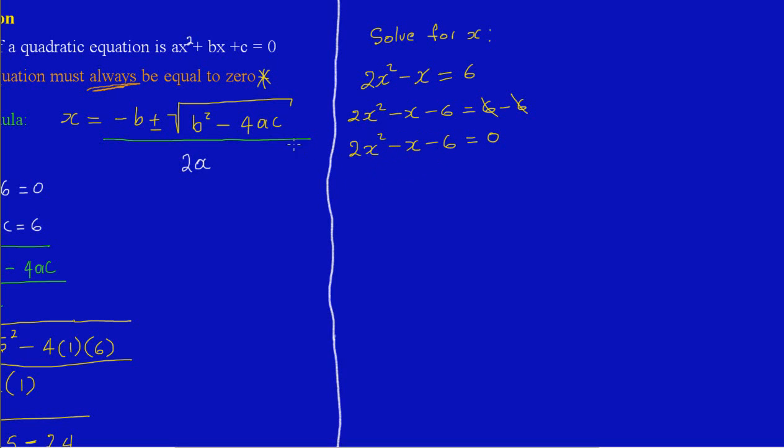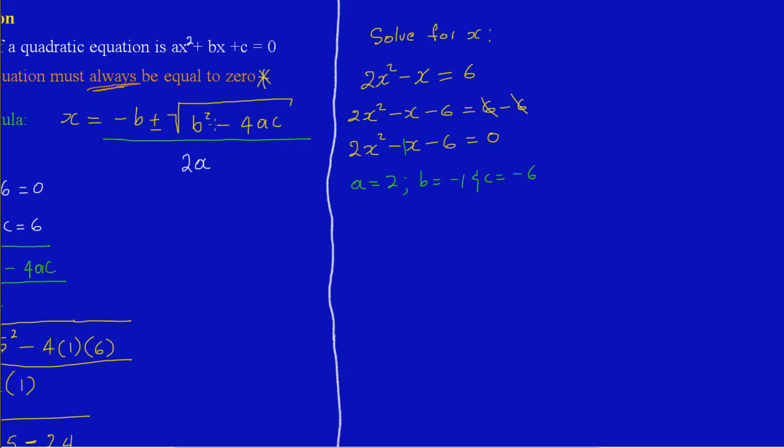Now let's quickly identify our a, b, and c before we get into it. So a is equal to 2, and b is equal to the coefficient here. Remember, we would have a 1 in front of that, so b is really negative 1, and c is equal to the constant, which is negative 6.